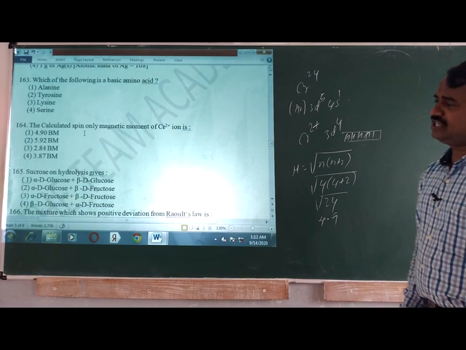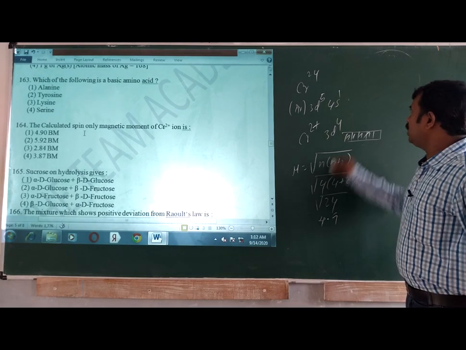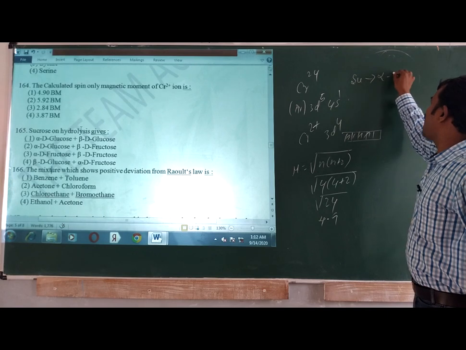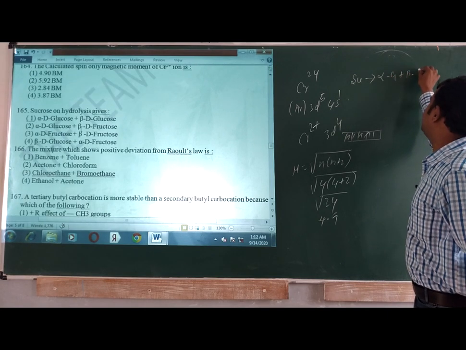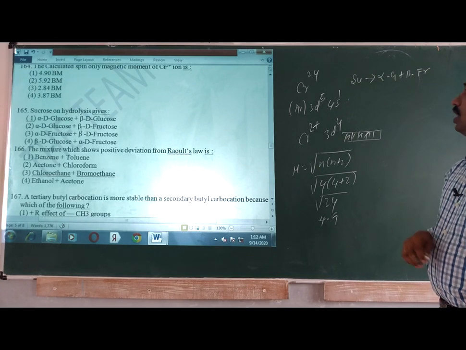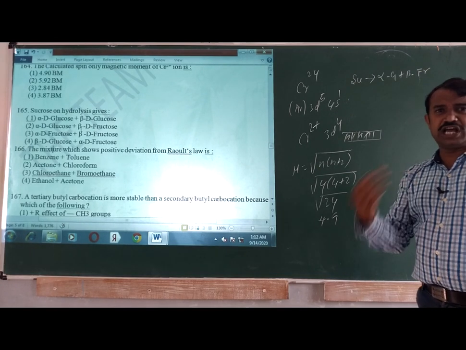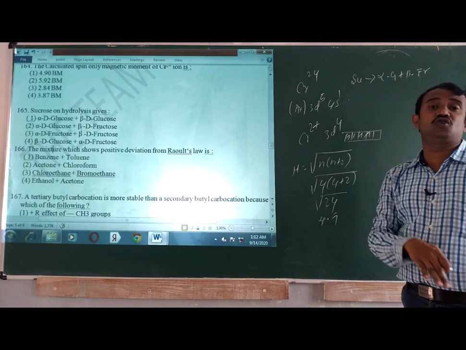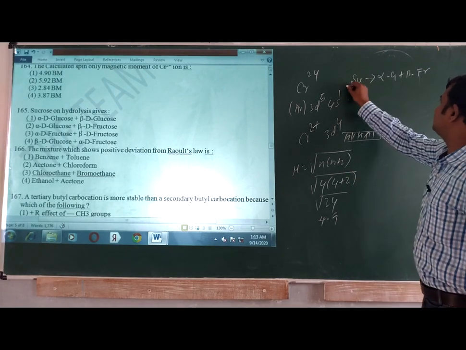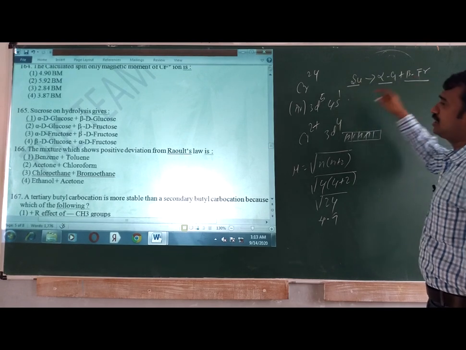Sucrose on hydrolysis gives: you should know that sucrose undergoes hydrolysis and you will get alpha glucose and beta fructose, both called dextrose. Maltose means alpha glucose, lactose means alpha glucose and beta galactose, they are disaccharides. Sucrose we consider alpha glucose and beta fructose.